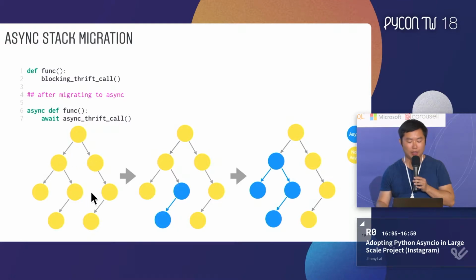So in the call stack, we are doing a bottom-up approach because the I/O always happens at the bottom level. We identify the bottom-level blocking call and make it an async call, and then move the async stack up. Eventually, when we find a parent which calls 2 or more async functions, and if those async functions are independent, then we can gather them to make them run concurrently.